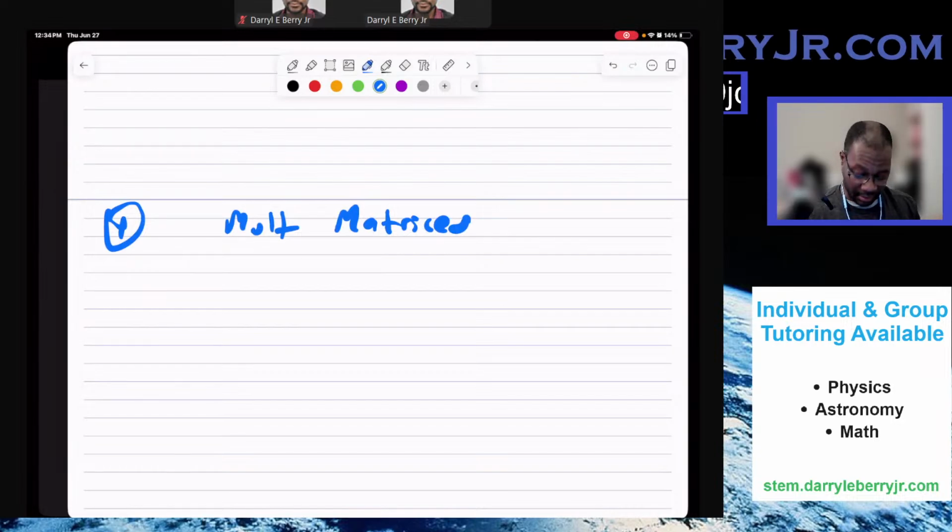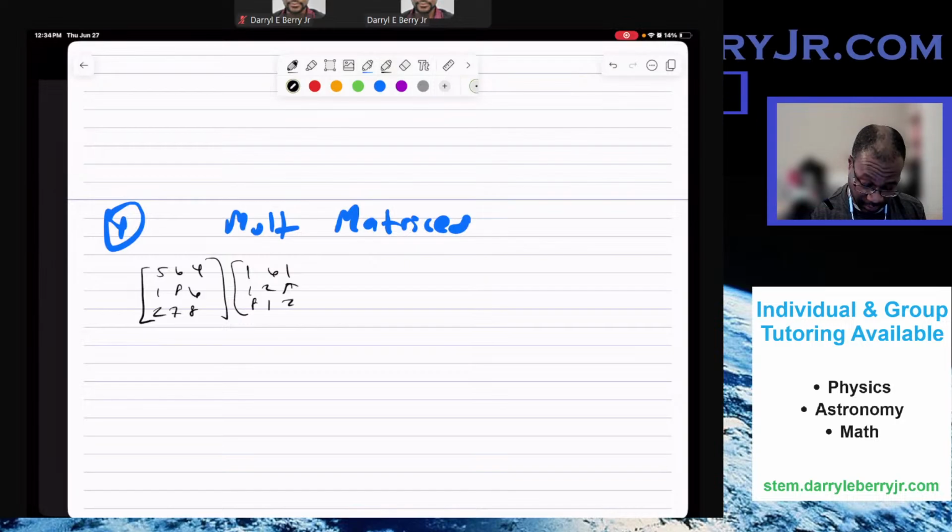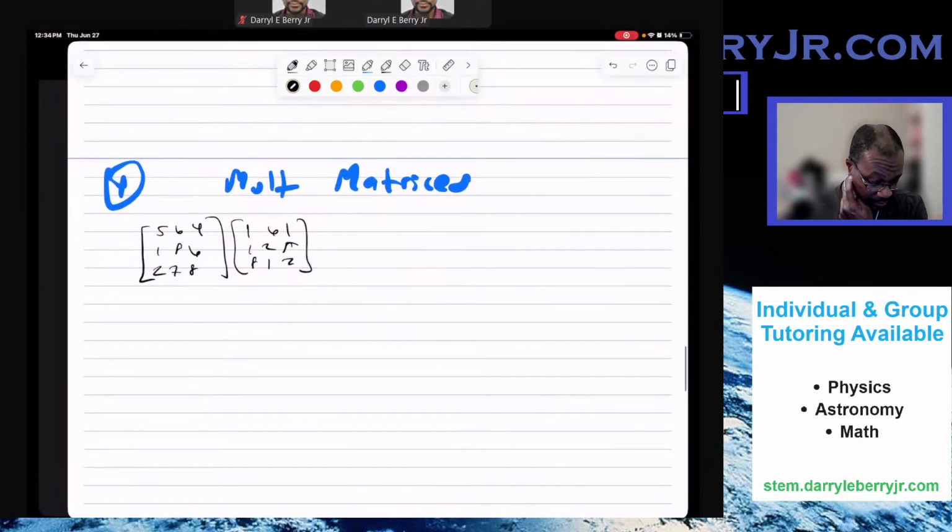So this is a matrix I wrote out, two matrices that is. I have 5, 6, 4, 1, 8, 6, 2, 7, 8 times 1, 6, 1, 1, 2, 5, 8, 1, 2, and that's A times B.